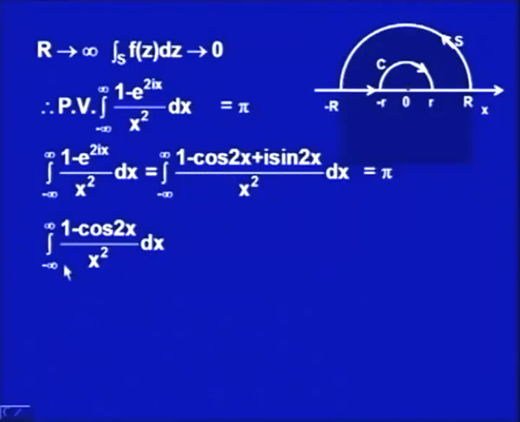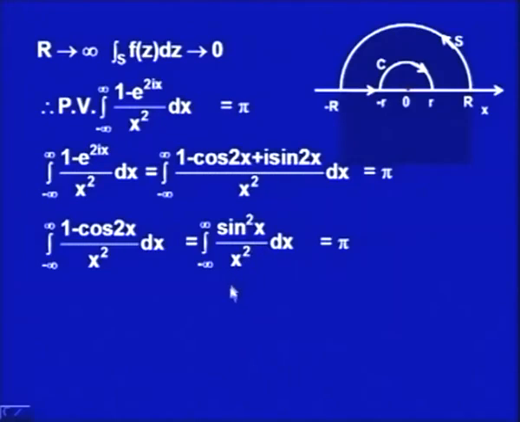What is this? If you do remember, we have sin square x. So this is the integral from minus infinity to plus infinity of sin square x upon x square dx, which we found out as pi. We are actually in the process of evaluating the integral from 0 to infinity of sin square x upon x square. As we had noticed, this function is an even function.